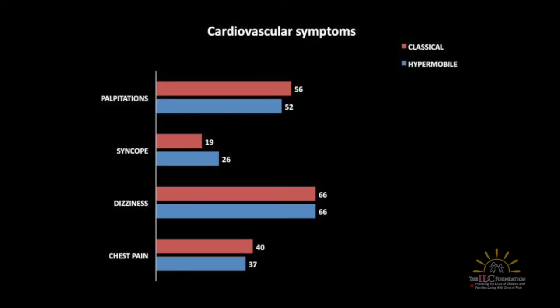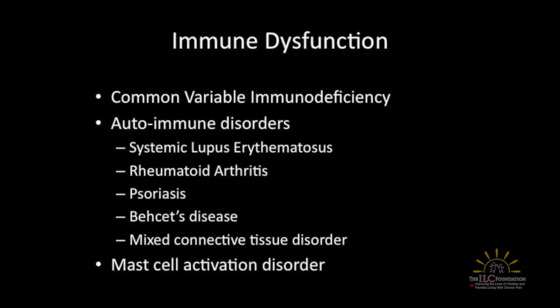Immune dysfunction includes a subpopulation of patients with common variable immunodeficiency, and I have patients with a wide range of autoimmune disorders, including systemic lupus erythematosus, rheumatoid arthritis, psoriasis, Behçet's disease, and mixed connective tissue disorder.